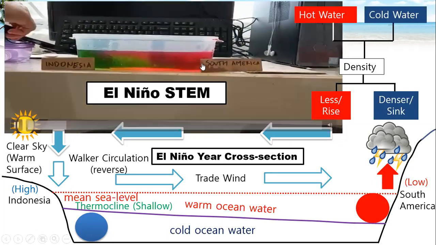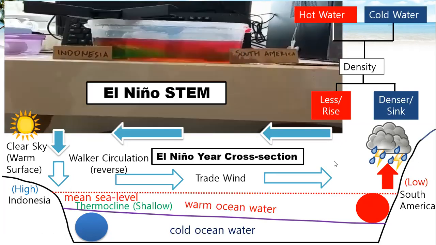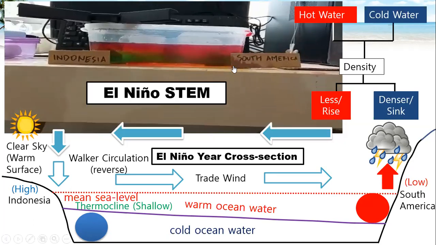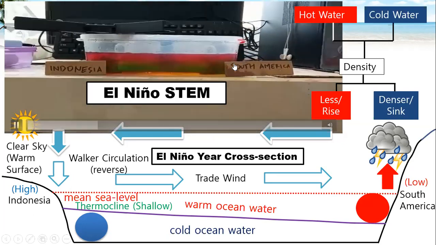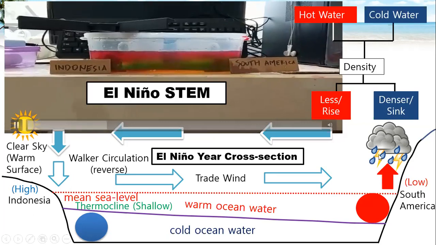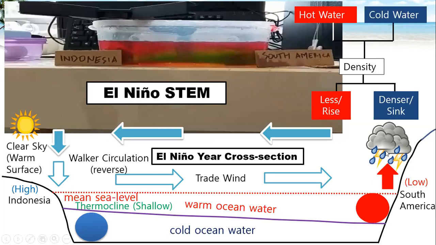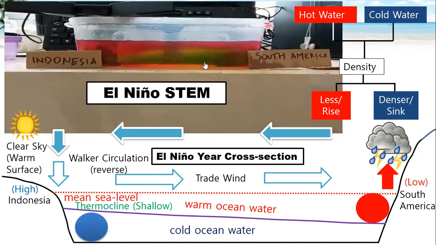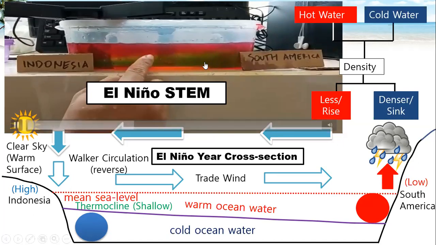So here in South America, we find warm water with deeper thermoclines. Because of warm water, the evaporation is higher. Because of higher evaporation, you might have heavy rainfall because of cumulonimbus cloud development that is preceded by higher evaporation.